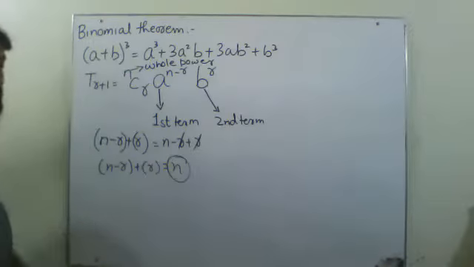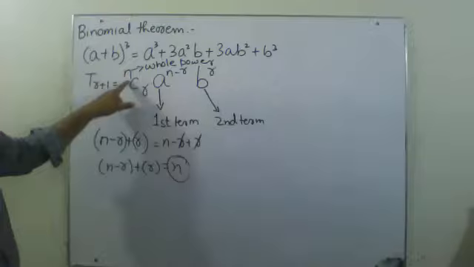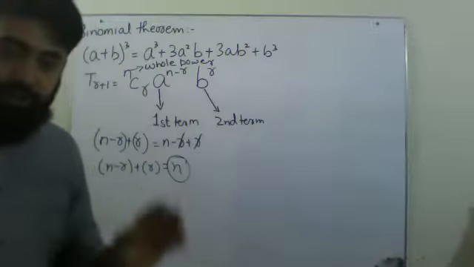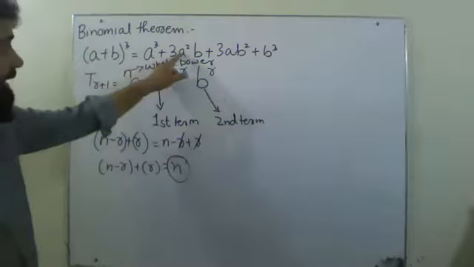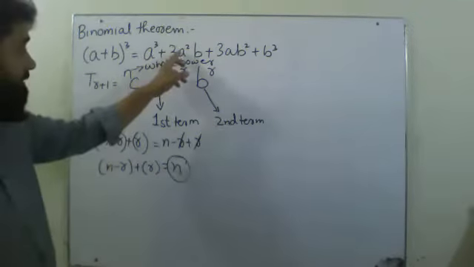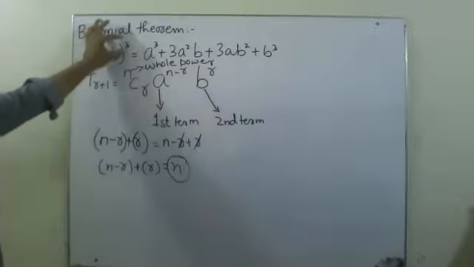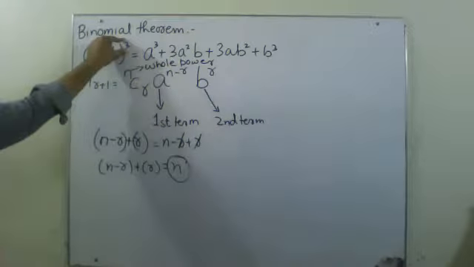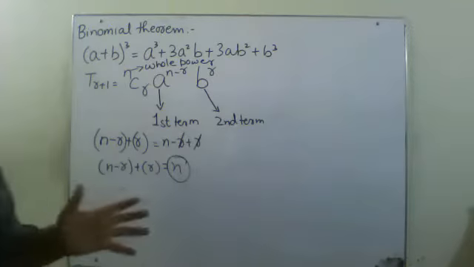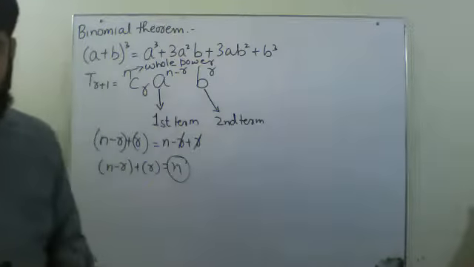And what was n? n was the whole power which I told you about. So in each term, if you add the powers of the given variables, it will mostly equal the given whole power of the bracket. Not in every case, but mostly it will happen.